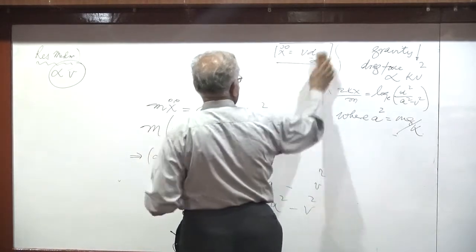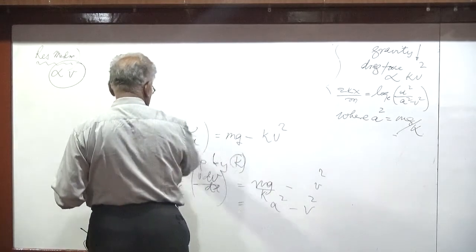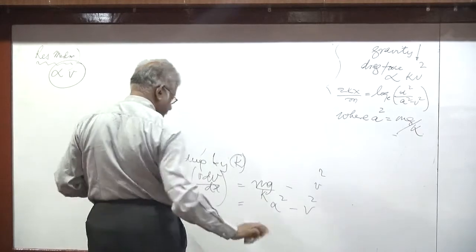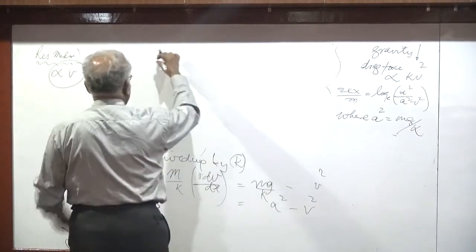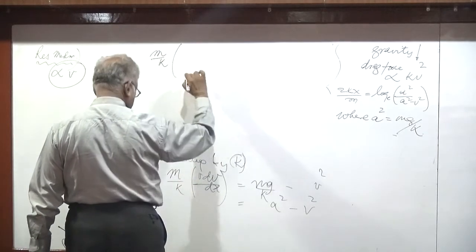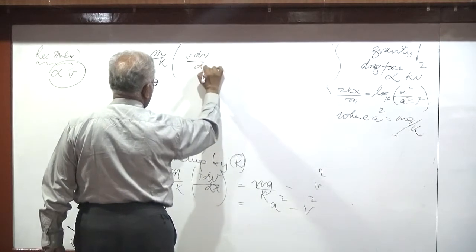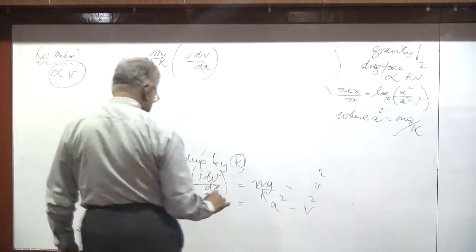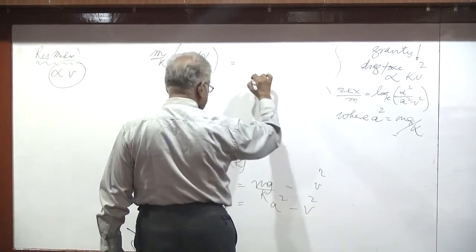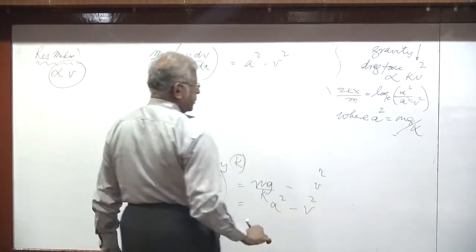So we just rub out from the top and write the differential equation: m by k v dv/dx is equal to a square minus v square. Simple.